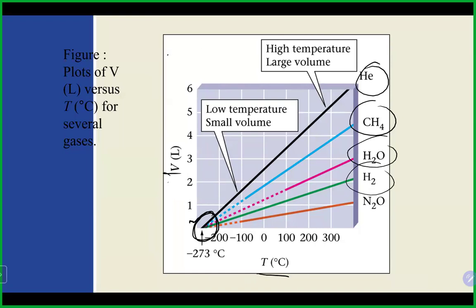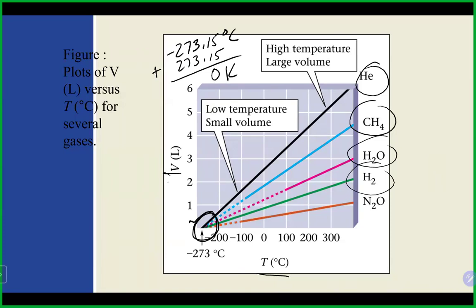They all hit minus 273.15 degrees Celsius. That number should look familiar to you because that is the number you use to convert to Kelvin, right? If we wanted to convert to Kelvin, you would add 273.15, giving you 0 Kelvin, which is known as absolute zero.